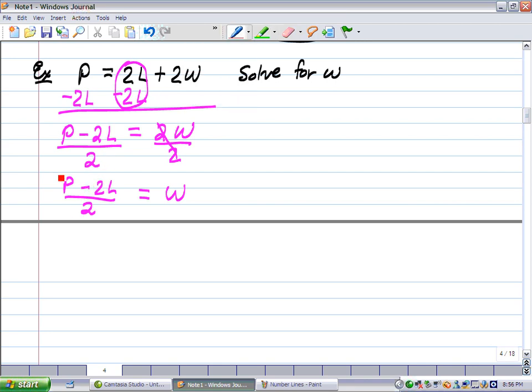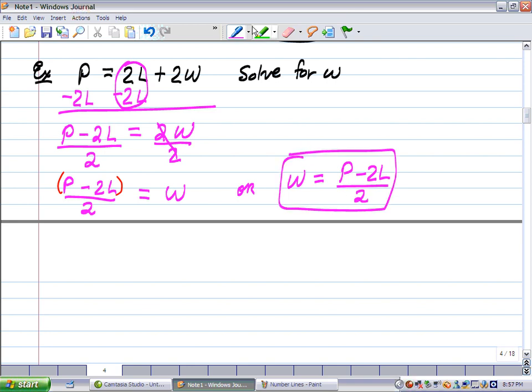The answer is no, because remember, order of operations, whenever I have a fraction, to treat it as if there is a parenthesis around the entire numerator. If I wanted to write it in the other direction, I would write W equals P minus 2L over 2. Again, my answer is an equation.